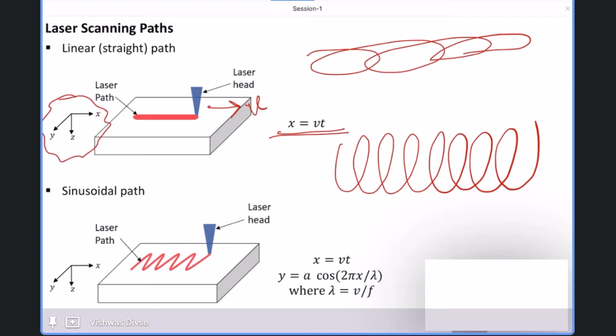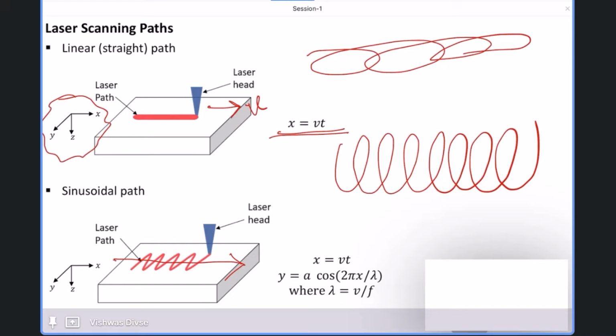But let's say in the bottom figure, the laser is moving in the x direction, and at the same time it is moving in the y direction also. So both coordinates are changing simultaneously, and they are functions of each other.